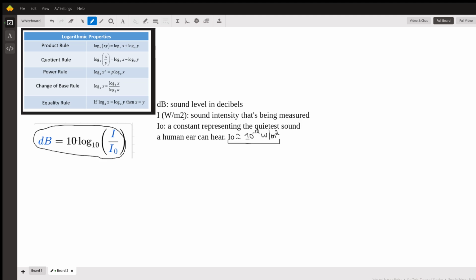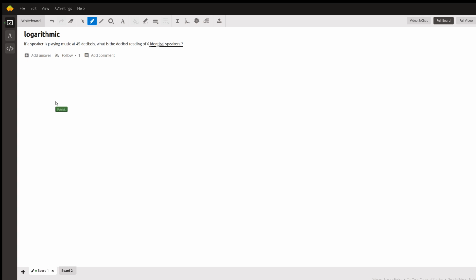But as you will see, as we solve this question, we won't need the I0. We're not going to need the 10 to the negative 12 per se. And then I is the sound intensity that we are measuring, that we are looking for. So with that, let's go back to the question. We know the 45 dB, the sound level.